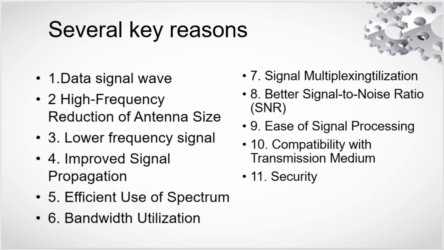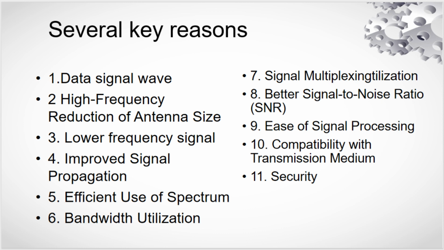Reduce noise and interference: certain frequency bands are less prone to noise and interference. By choosing an appropriate carrier frequency, the transmitted signal can be made more robust against noise and other forms of interference.